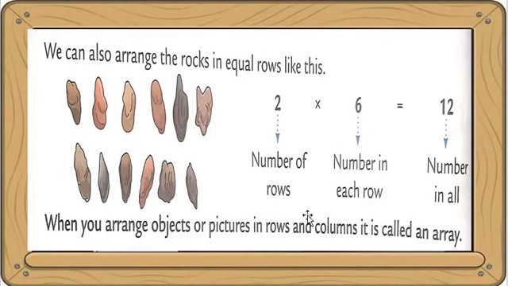Two. So the number of rows and the number in each row. See here how many rows. This side is called a row and this is a column. So rows and columns together are called an array. Here, how many rows?